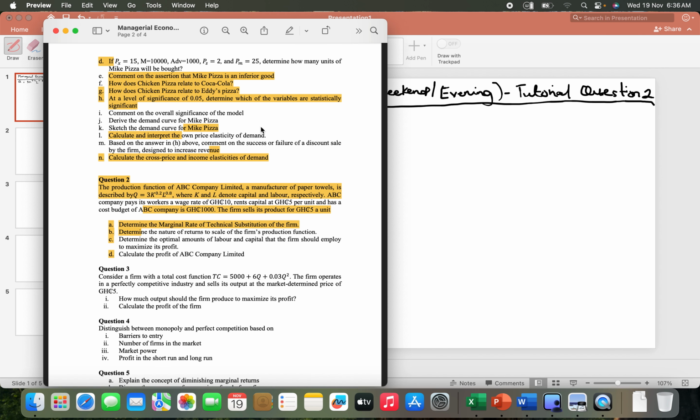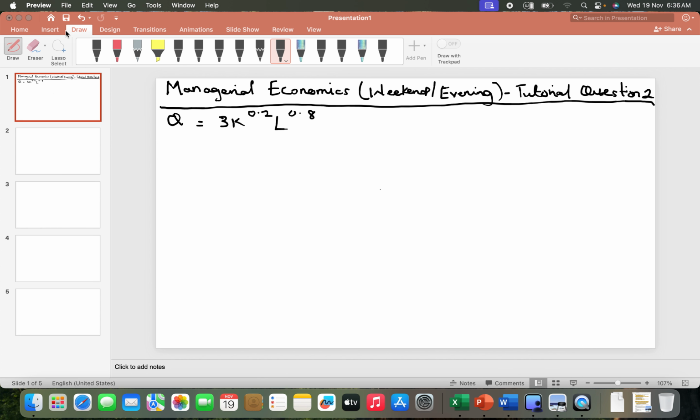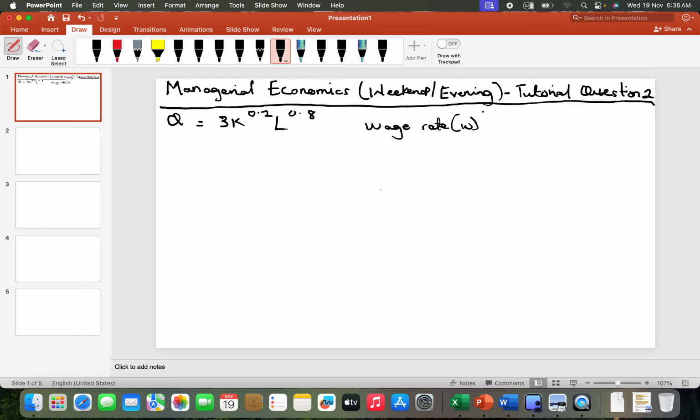So we're given a wage rate. We know wage rate as W. Wage rate is the same as price of labor.